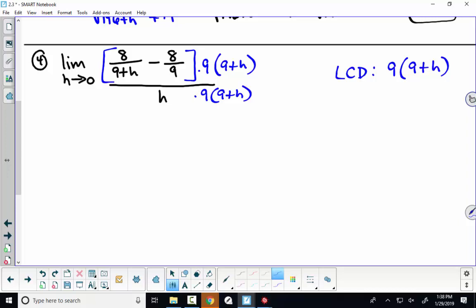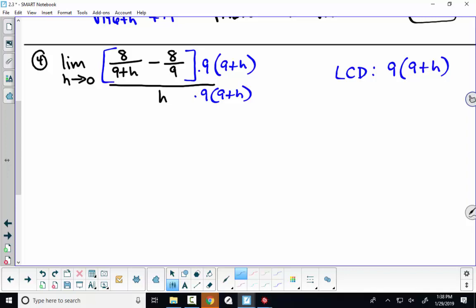So hopefully everybody remembers this process. It's been a while for some of us, but that was a pretty common thing we did in whatever algebra or pre-calc. All right. Again, the h in the denominator is causing the issue, so we don't want to multiply the h through the denominator. We're going to leave the denominator as it is.